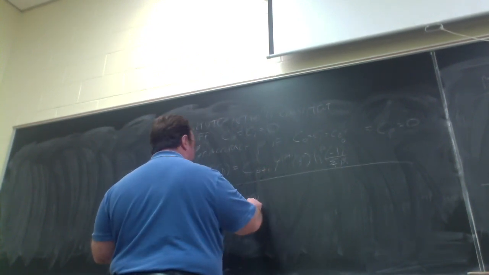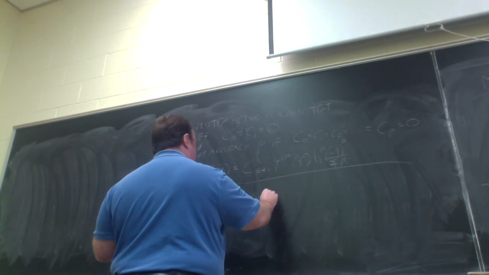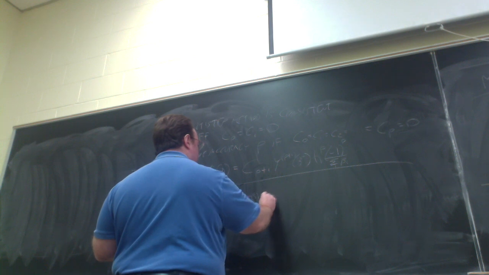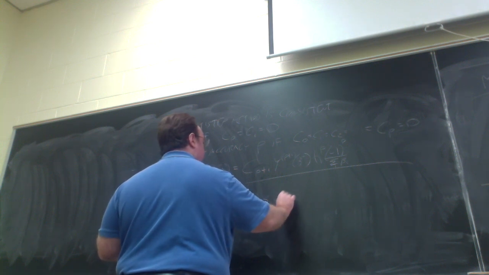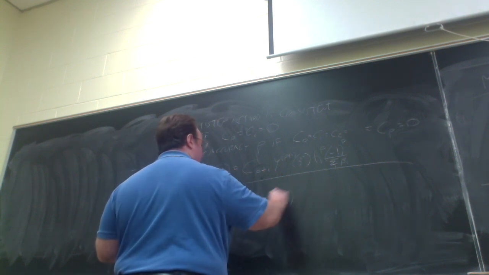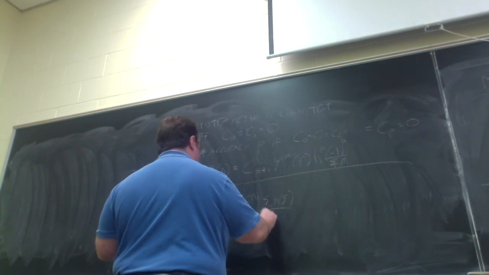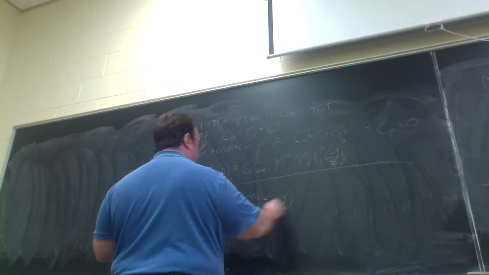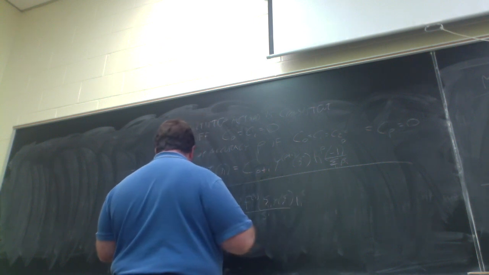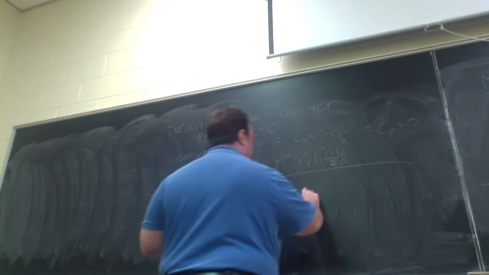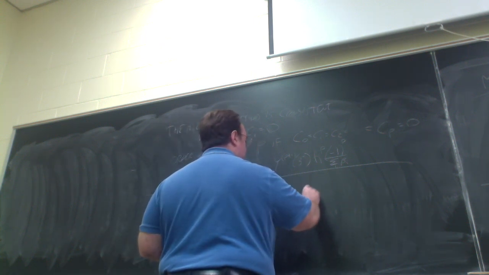So we have the s derivative of f at some unknown time, over s factorial, h to the s, and then for the constant, actually we have minus h to the s.